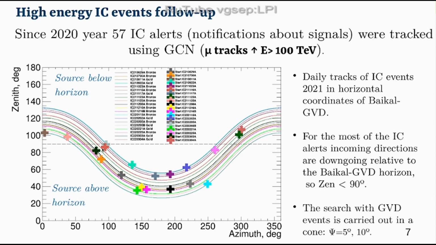These cross signs are start points of these events. As you can see from this picture, for most of the IceCube alerts, incoming directions are downgoing relative to the Baikal-GVD horizon. So they almost all have zenith angle less than 90 degrees. Also, I would like to emphasize that the search with GVD events is carried out in a cone of 5 degrees or 10 degrees.